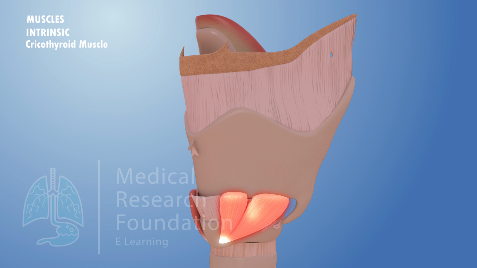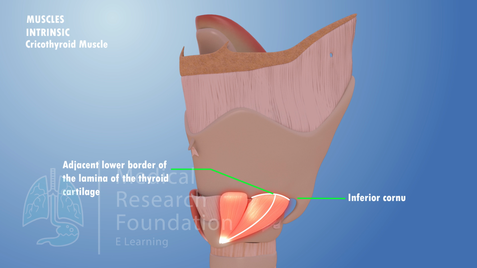It is a small fan-shaped muscle, which arises from the anterolateral aspect of the cricoid. After origin, its fibers pass backwards and upwards to be inserted into the inferior cornu and adjacent lower border of the lamina of the thyroid cartilage. It is supplied by external laryngeal nerve.